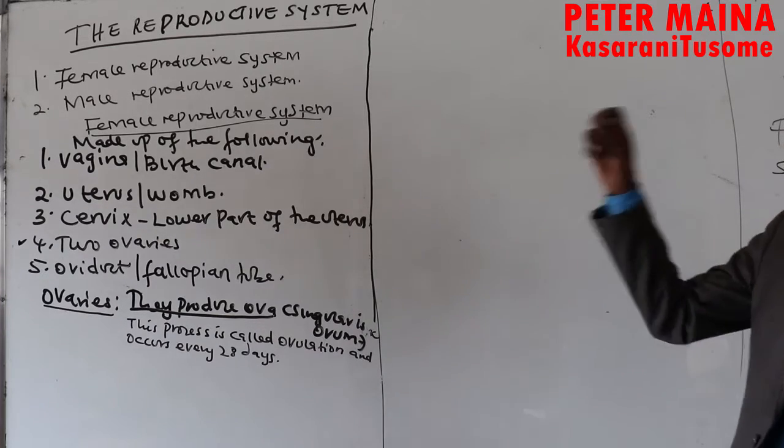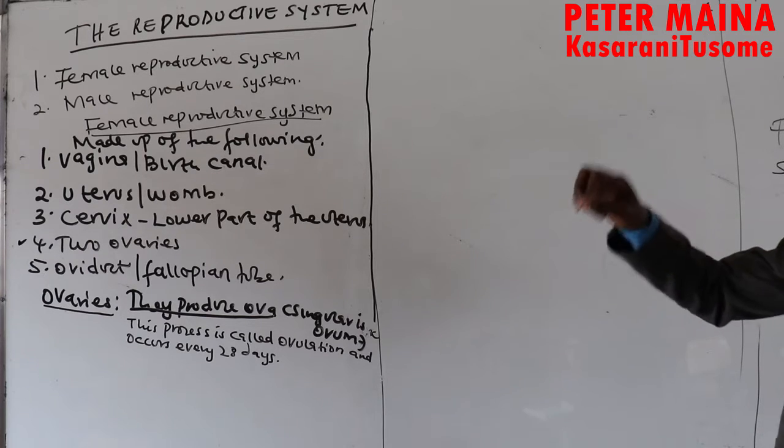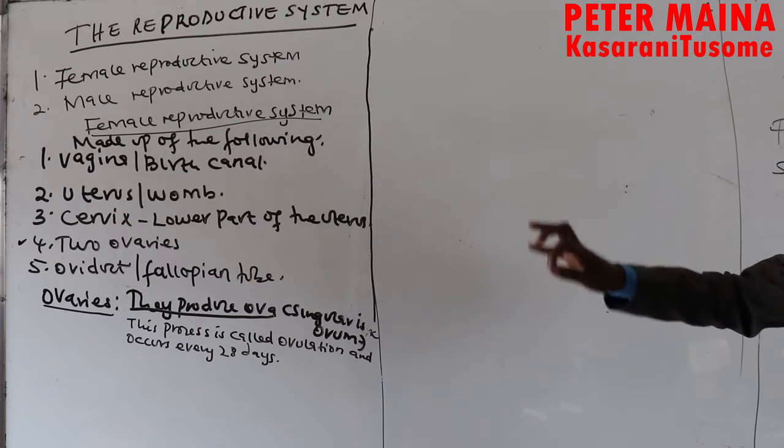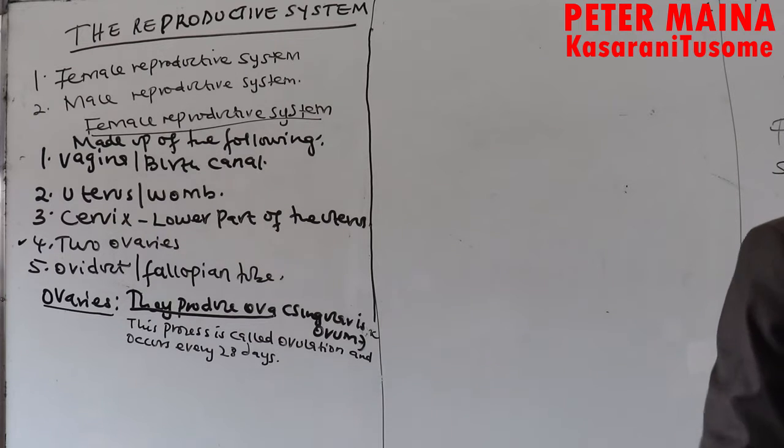So the function of the ovaries is to produce the ova, and this occurs every 28 days.